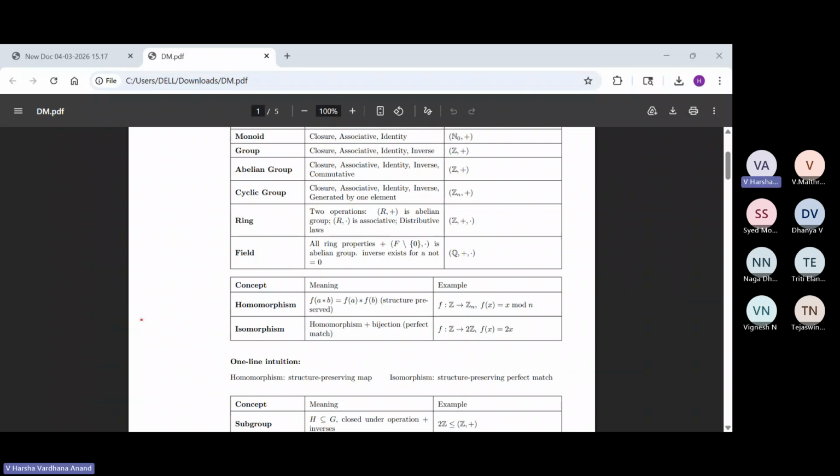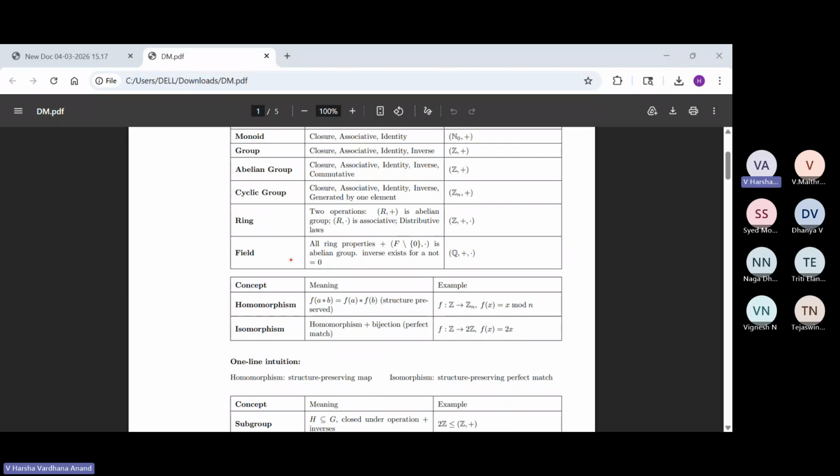We have one group, which is A, and has operation star. Another group, which is B, and has operation O, for example. That's not 0, that should be O. I am writing with my touchpad, so it will be horrible there.